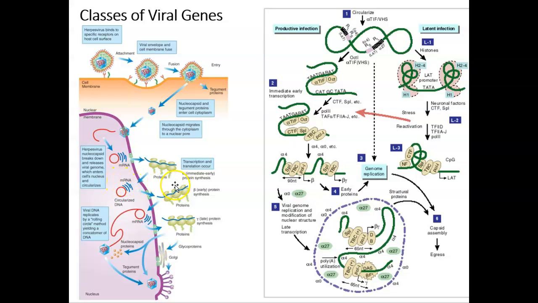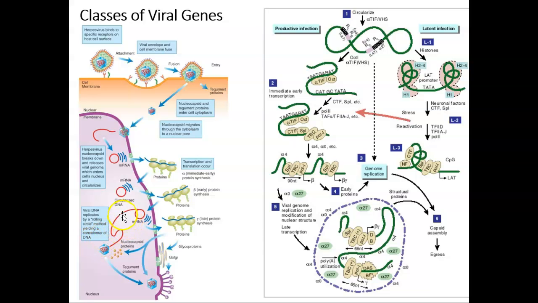Inside the nucleus, it's going to start transcription of these really immediate early genes. The immediate early genes get translated, come back to the nucleus, and then they can start activating the next set of genes. Right, so then we're going to start getting synthesis of the genome. Remember, that happens through rolling circle replication. So again, check out that animation that I've linked to.